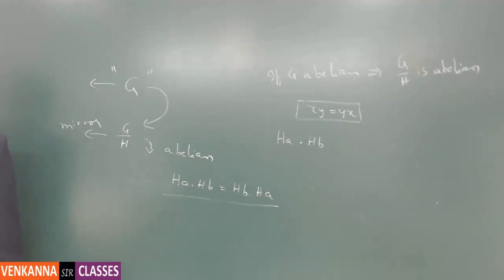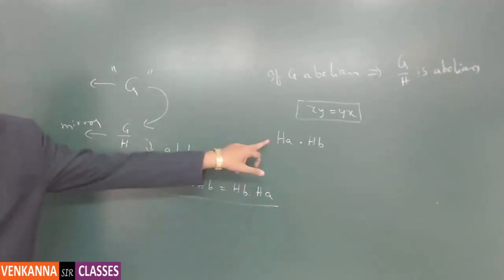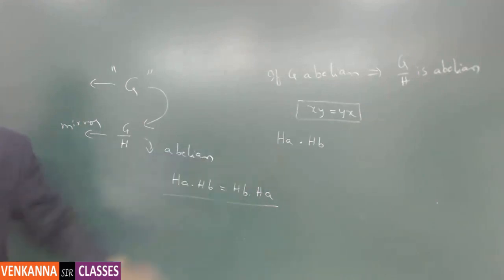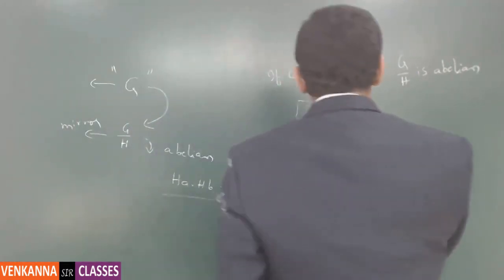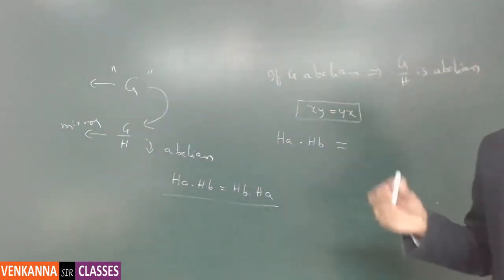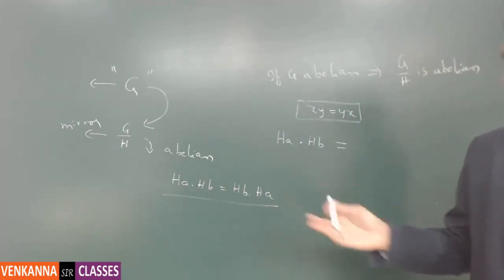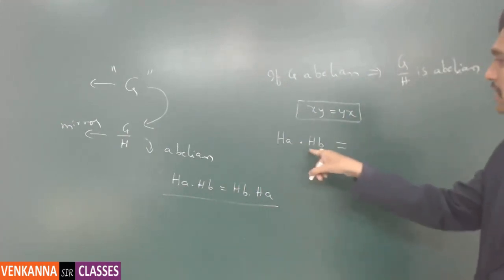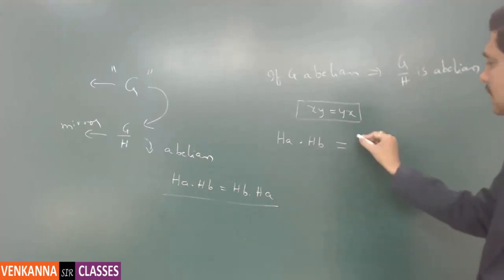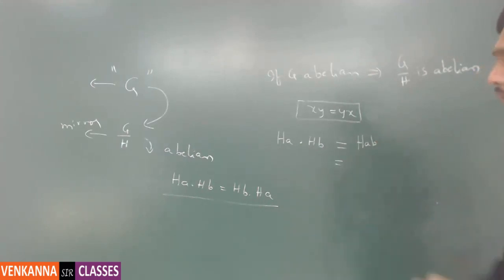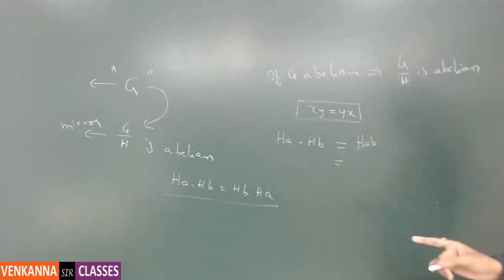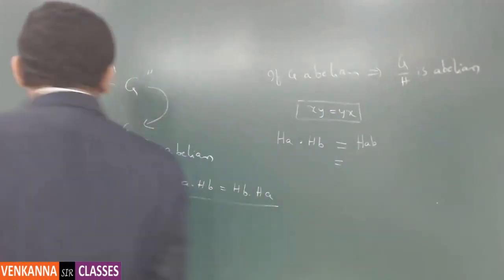If you consider the LHS, Ha dot Hb, as I have defined how two sets will be multiplied, the multiplication of these two cosets is nothing but Hab. Here we need to understand the fundamental thing, how G by H is defined.